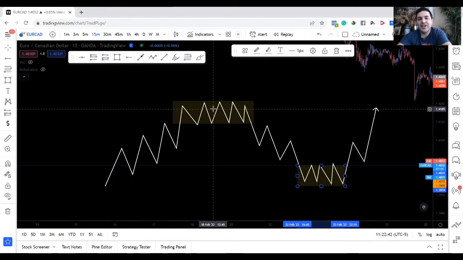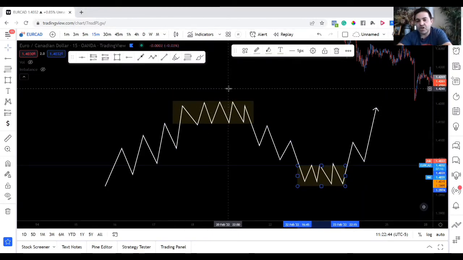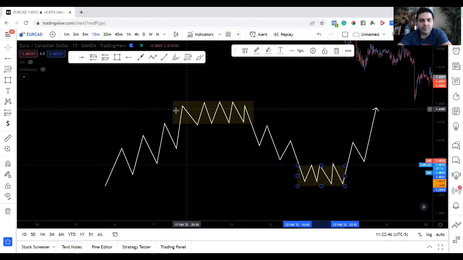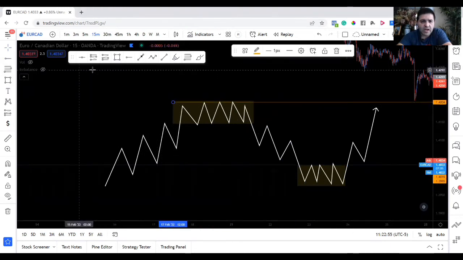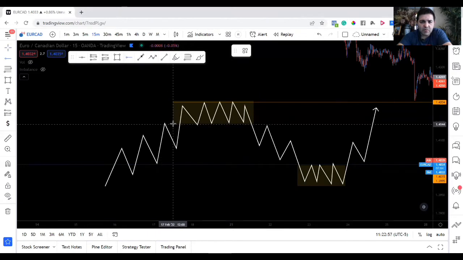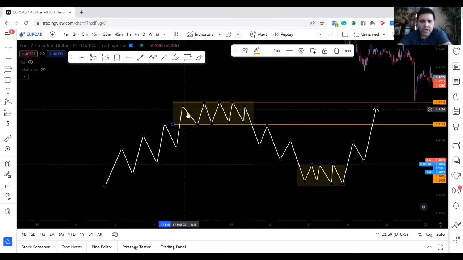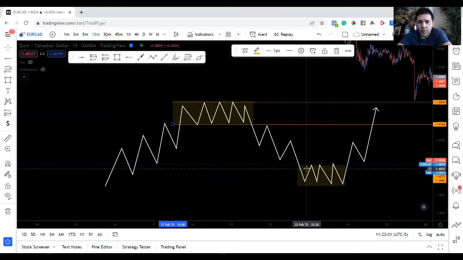Distribution means there's selling pressure to the downside. So knowing that, what the big banks and institutional traders are doing is creating traps around here, where distribution is formed or where accumulation is formed.